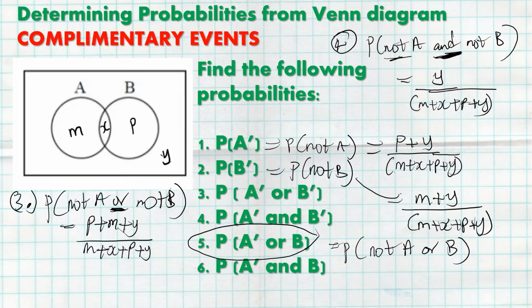If you have complementary events, for you to be able to solve this, you just need to draw up 2 Venn diagrams, do it separately, integrate, and there you go. All right, I don't know, we don't have space. Let me just put it here, even if it's gonna be quite small.